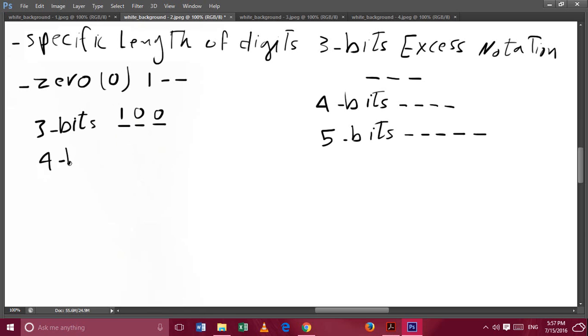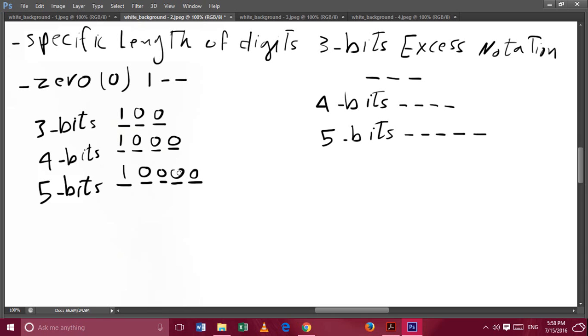In a 4 bits excess notation, 0 is expressed by putting 1 in the most significant bit and then zeros in the remaining bits. In 5 bits excess notation we have 5 bits, so we put 1 here and then 4 zeros in the remaining bits, and so on and so forth. So you get the idea.